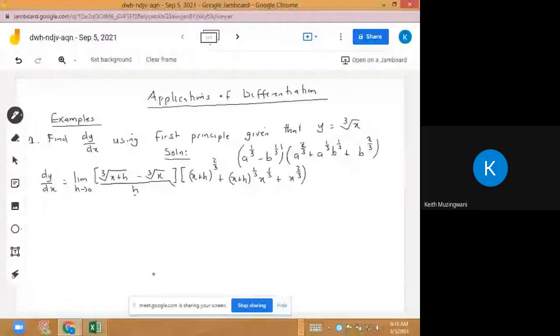Whatever you do in the numerator, you do in the denominator. x plus h to the power 2 over 3 plus x plus h to the power 1 over 3, x to the power 1 over 3, plus x to the power 2 over 3.